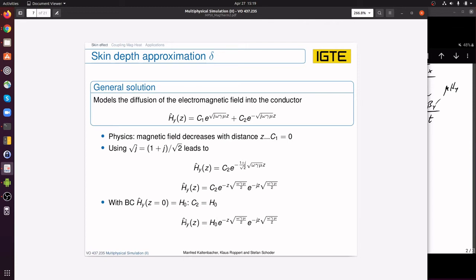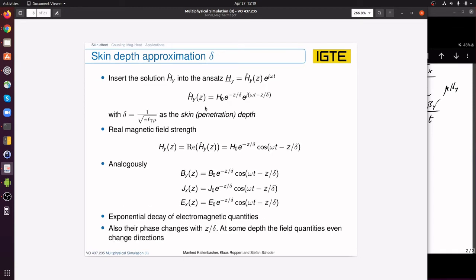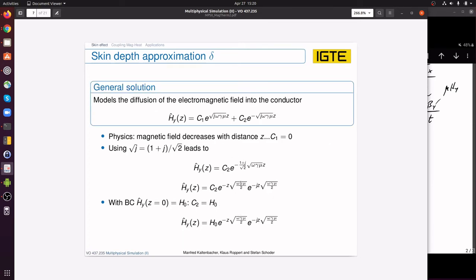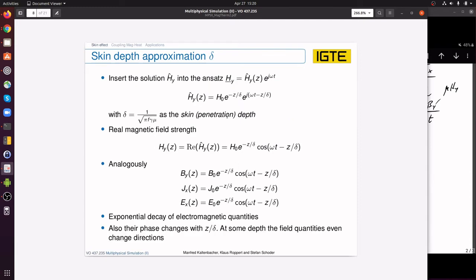The only thing left to do is to insert this amplitude solution into the full time harmonic ansatz, and we rewrite the square root of omega gamma mu over 2 as 1 over the square root of pi f gamma mu. So the 2 in the denominator is cancelled out with the 2 pi f, which is the angular frequency.